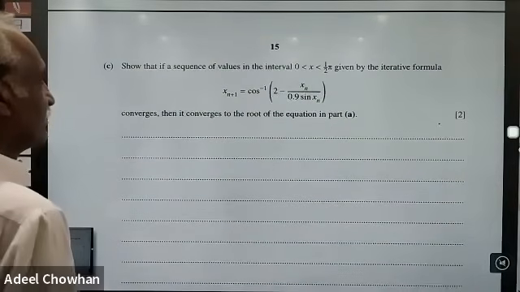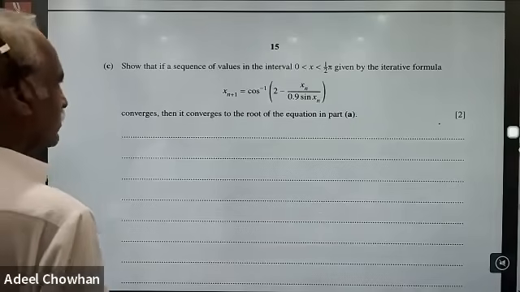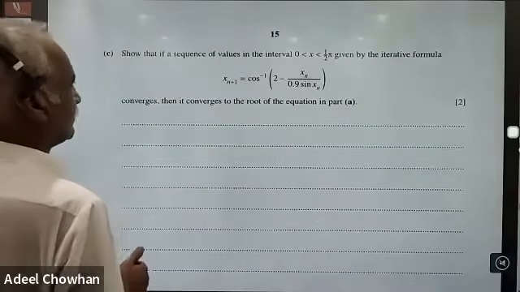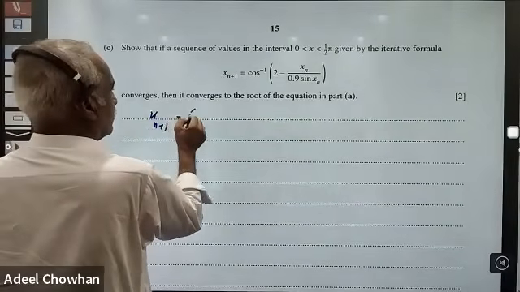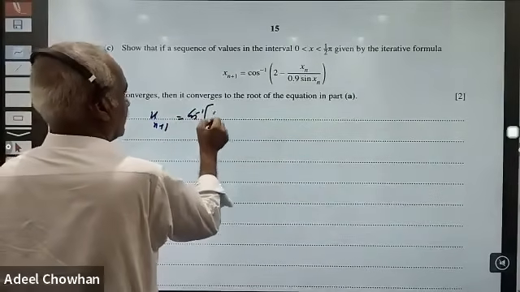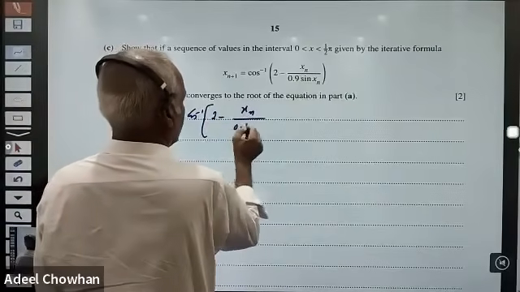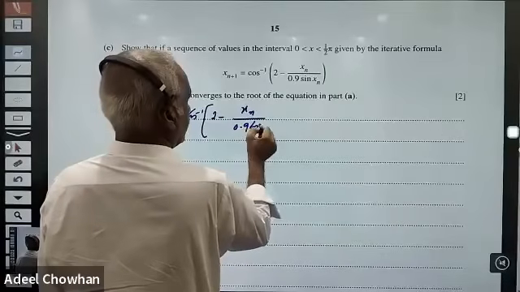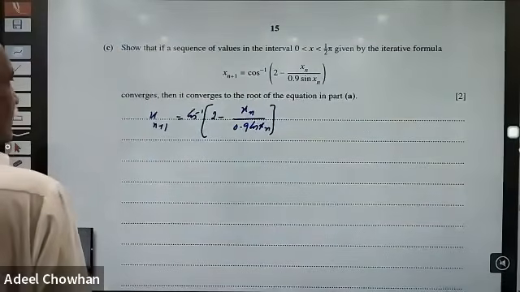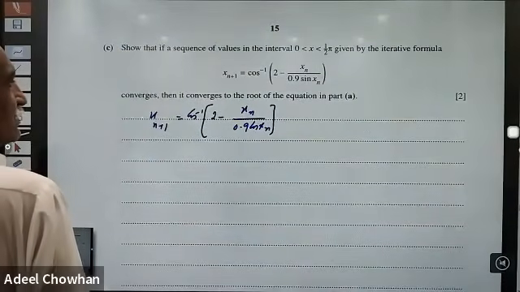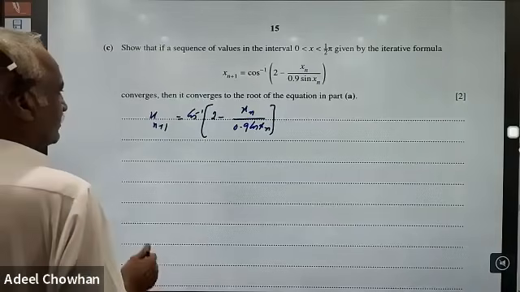Showing that the sequence of values in this interval from 0 to pi by 2, cos X n plus 1 is equal to cos inverse of 2 minus X n over 0.9 cos of X n, converges to the root of the equation in part A. So just remove the subscript.